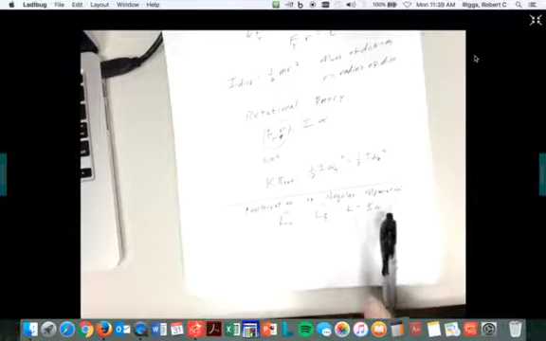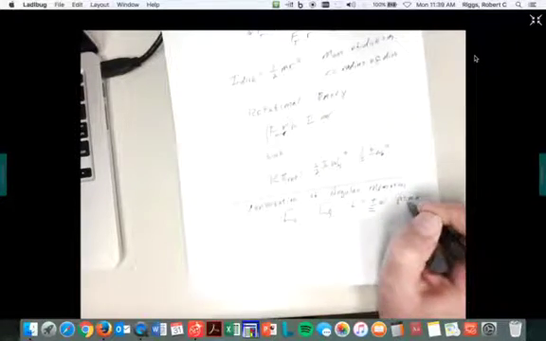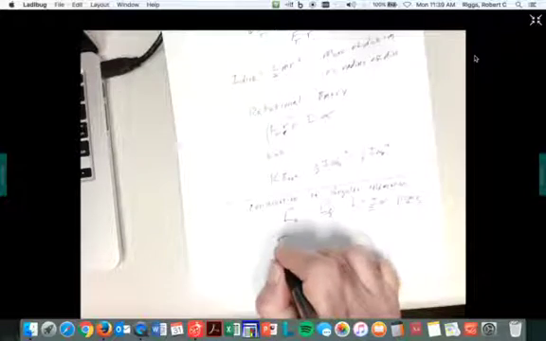The moment of inertia times its spin is analogous to P, which is equal to mv. Moment of inertia times the angular speed. Same thing. And basically we have I naught, omega naught.